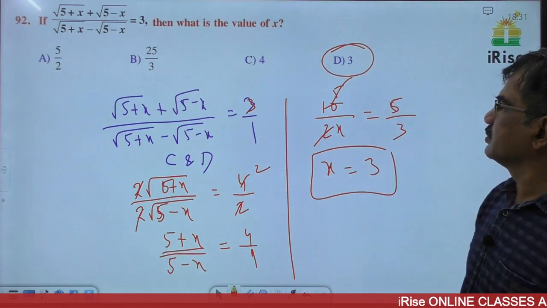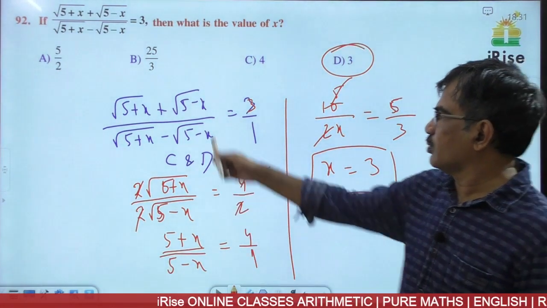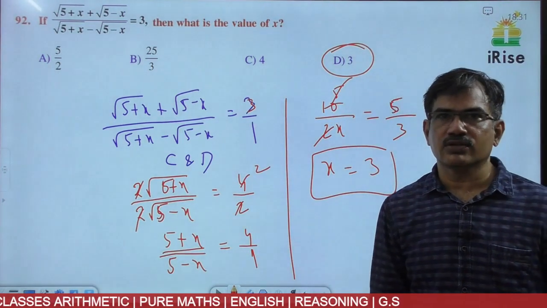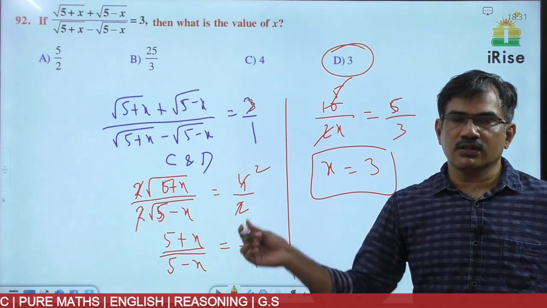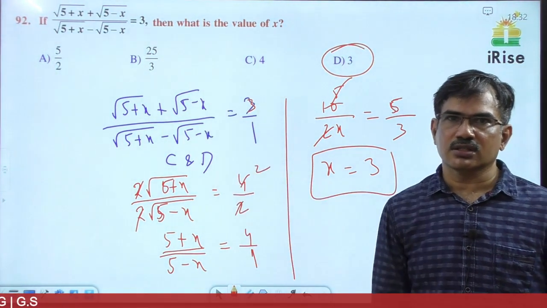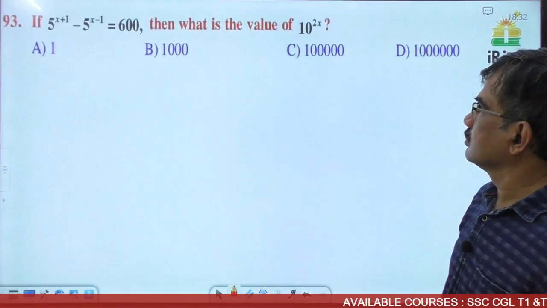The answer is 3. Okay, apply componendo and dividendo, squaring, again apply componendo and dividendo, that gives the answer. Just 3-4 questions are there in the previous questions based on this concept.